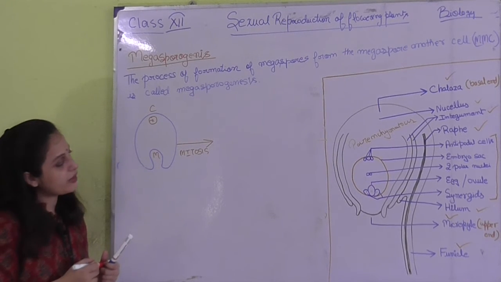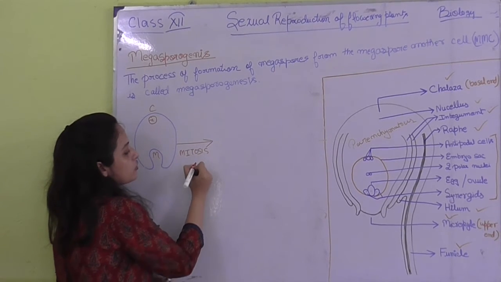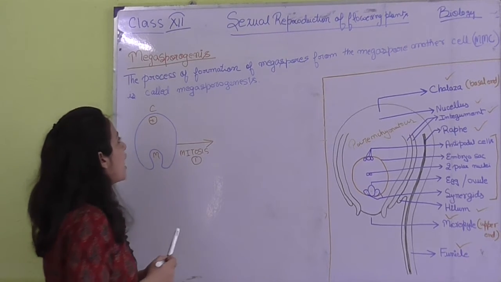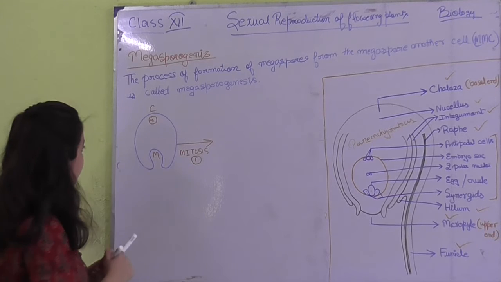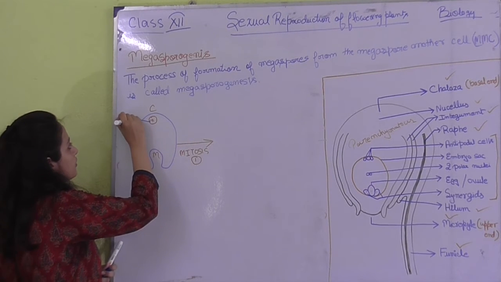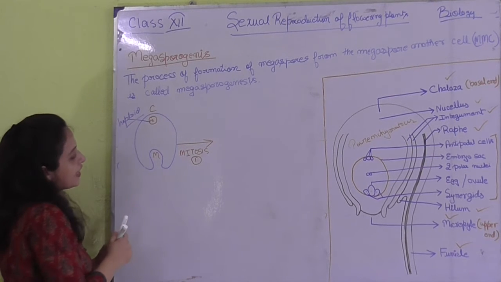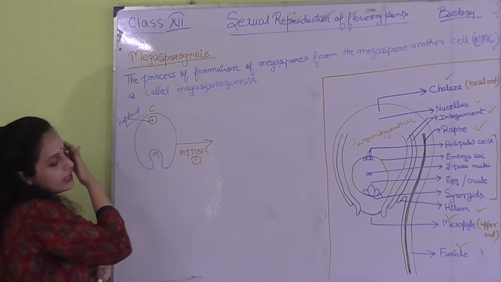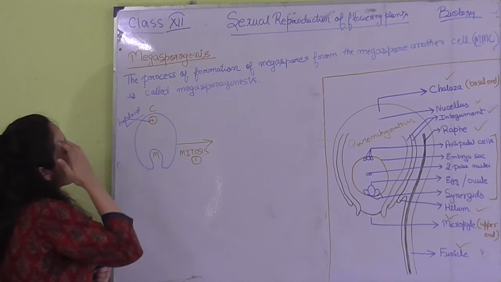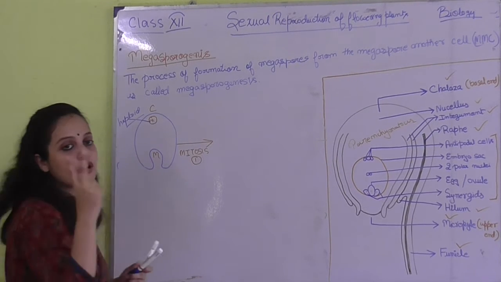So this will be mitosis number 1. By the way, this megaspore is haploid, as you know. Still I am writing. This megaspore will undergo mitosis and form what?